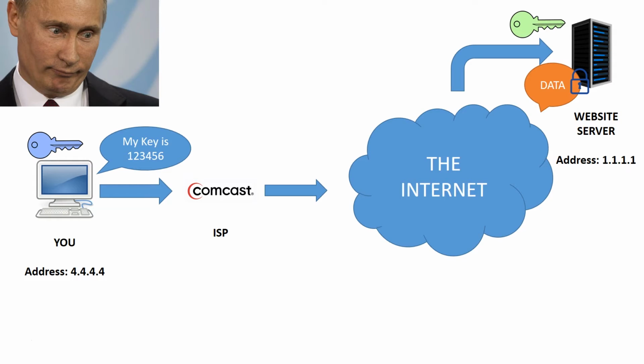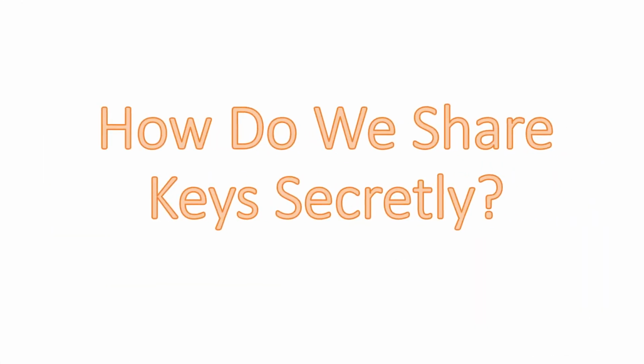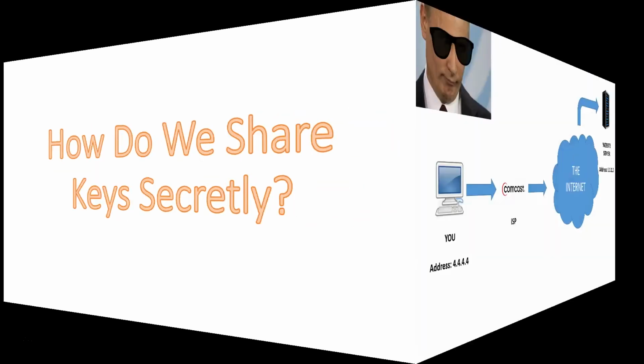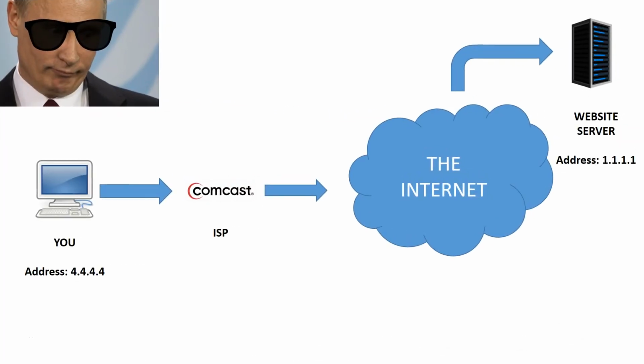So how do you encrypt data with Google or with some other site and use a key and not tell them the key, or tell them the key in a way that nobody else can see it? And the answer is what we call public key cryptography. And here's how it works.